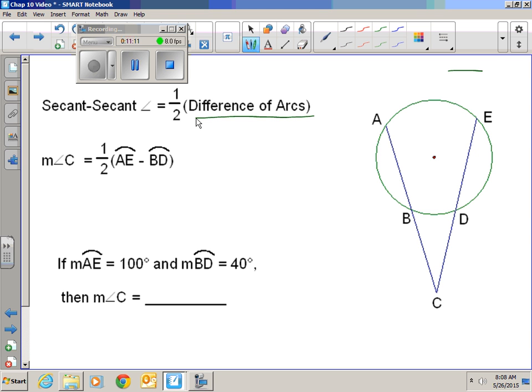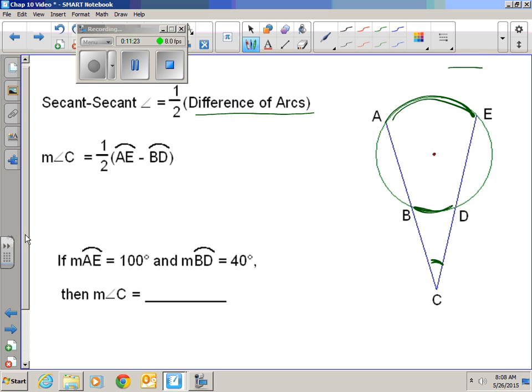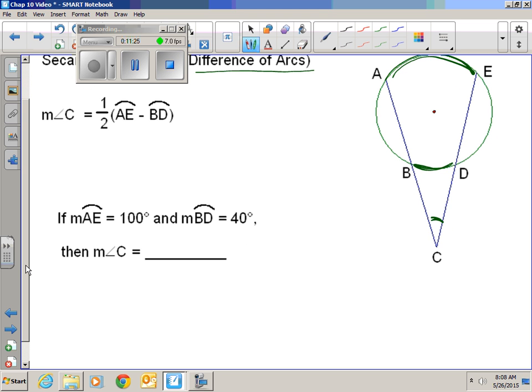So measure of angle C, this guy right here, is equal to half the difference of this arc with this arc. So if one arc is 100 and the second arc is 40, the measure of the angle is going to equal 100 minus 40, all divided by 2, which is 30. 60 divided by 2.